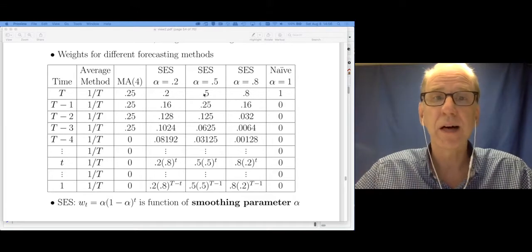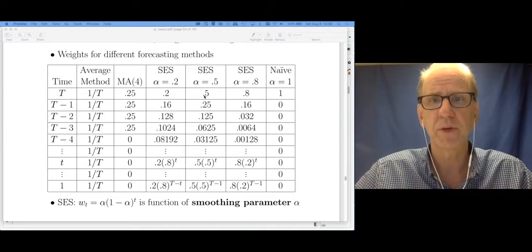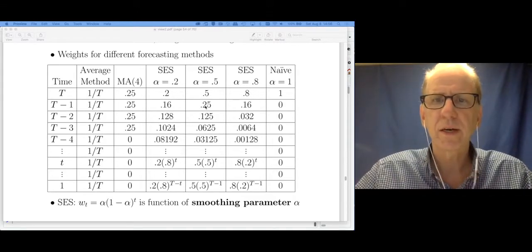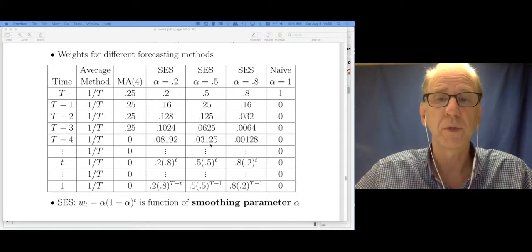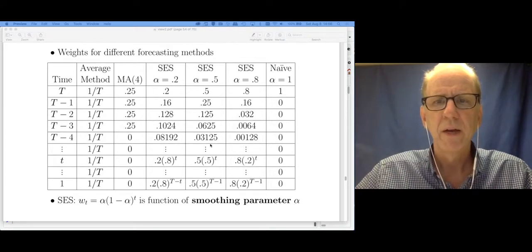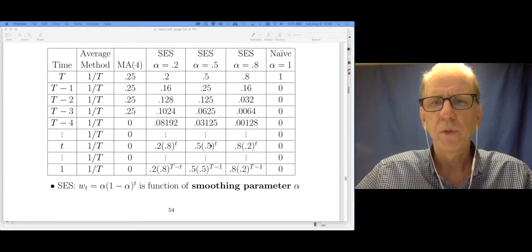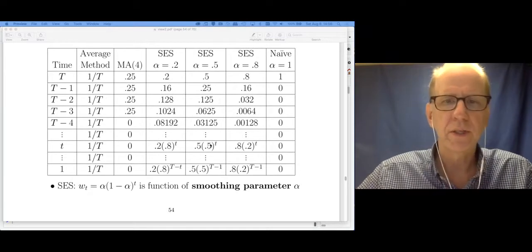So we give a lot of weight to the most recent observation, less weight to the observation before that, and then these weights are going to trickle off down to zero as we go further and further back. So we just want to give more weight to the nearest neighbors.